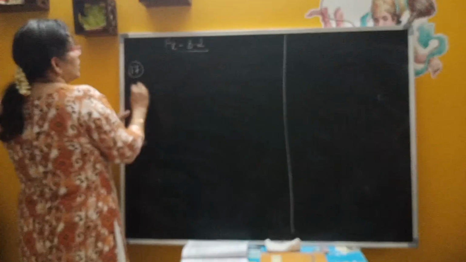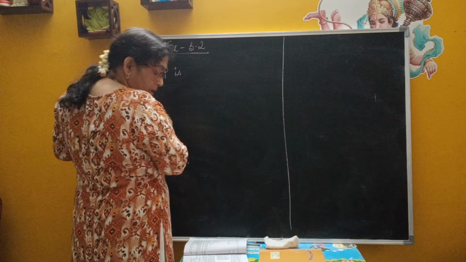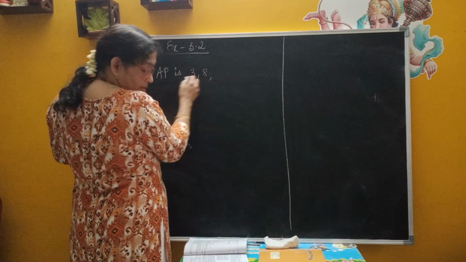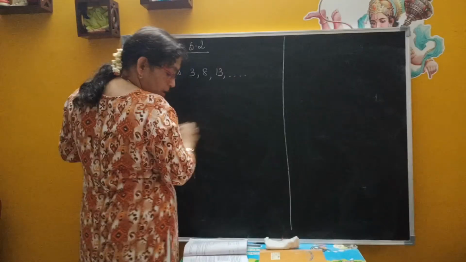Okay, so what is the given AP? The 17th problem: given AP is 3, 8, 13, etc., and the last term is 253.